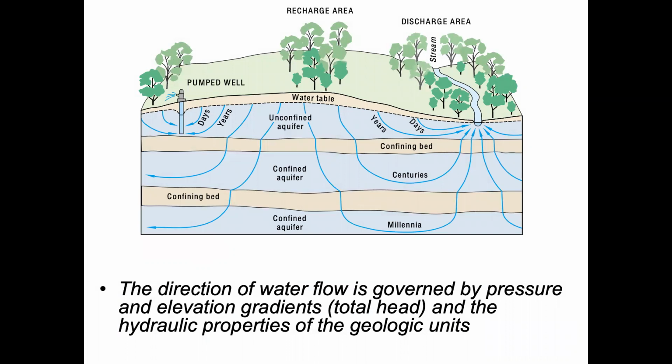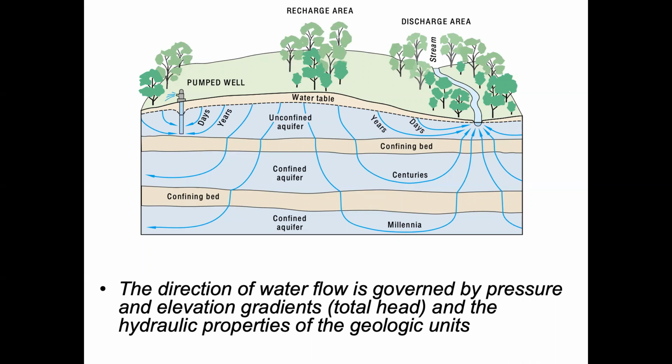So groundwater flow is governed by pressure and elevation gradients. Again, the sum of the two creates what is called total head. And the hydraulic properties of the geologic units then impact the potential or rate of flow in these environments.